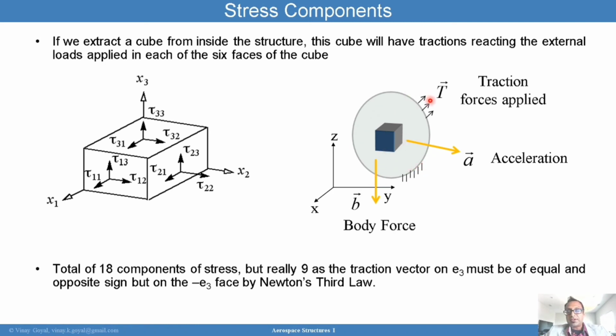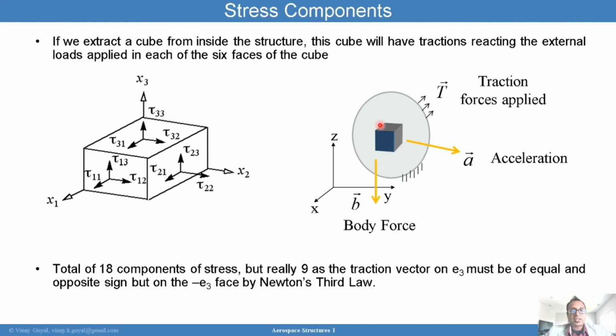And given these physical quantities are acting on this structure, I want to know what's going on inside the structure, because that's the quantity that's going to tell me where failure is going to occur. And those are the areas I want to reinforce. Those are the areas I want to make sure I have robustness. So one approach is to extract a cube, a representative cube that's inside the structure.